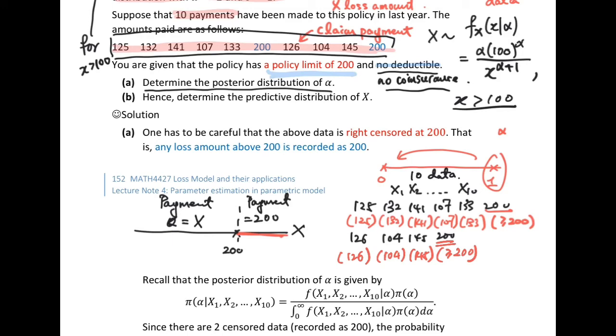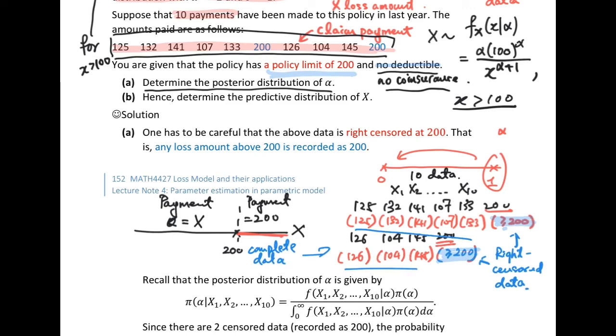We can see that among this data, we have two of them which are right censored data, and the other 8 will be complete data, where you know the exact value.